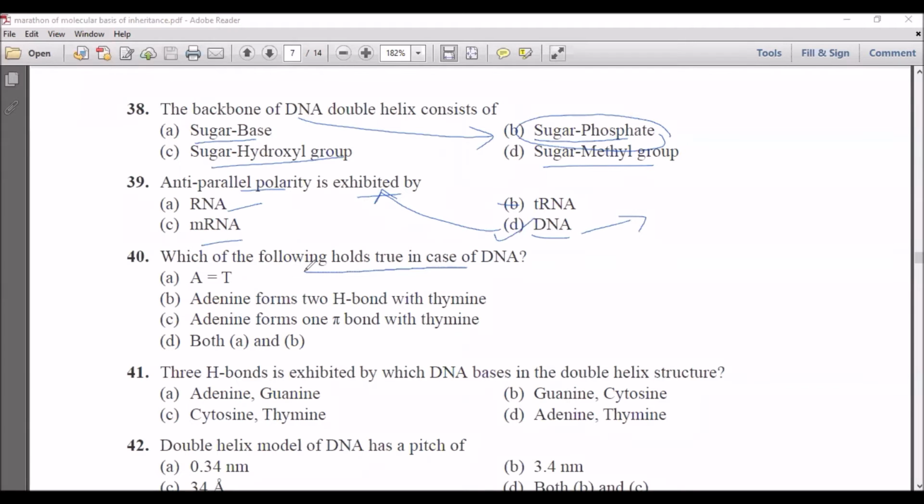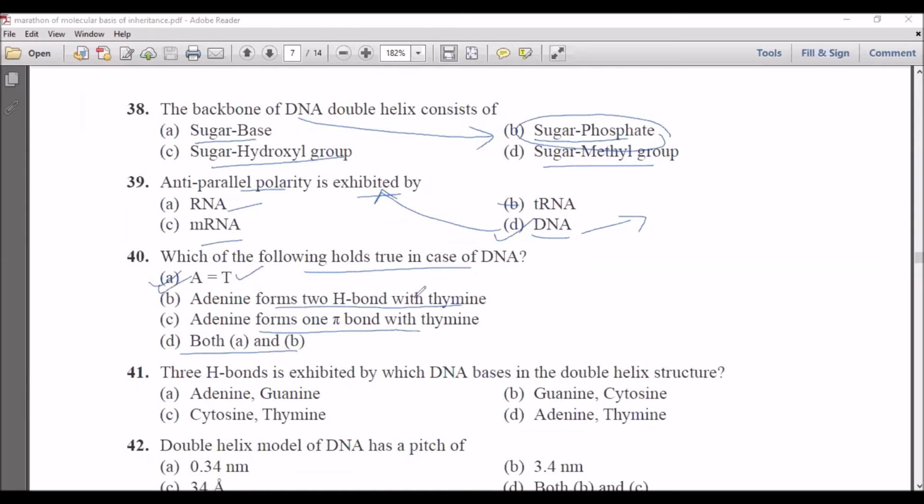Which of the following holds true in case of DNA? A is equal to T; adenine forms 2 hydrogen bonds with thymine; adenine forms 1 bond with thymine; and D option is both A and B. Now we know that adenine is equal to thymine, so this is the correct statement.